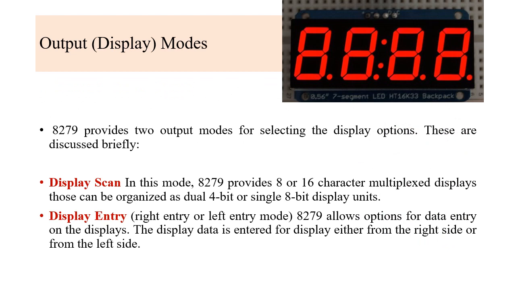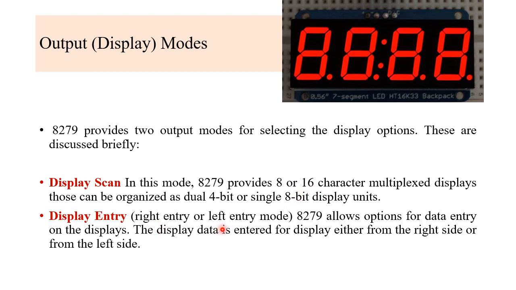Next we have the output modes or display modes. 8279 provides two output modes for selecting the display options. The first one is display scan and the second one is display entry. In display scan mode, 8279 provides an 8 or 16 character multiplexed display.